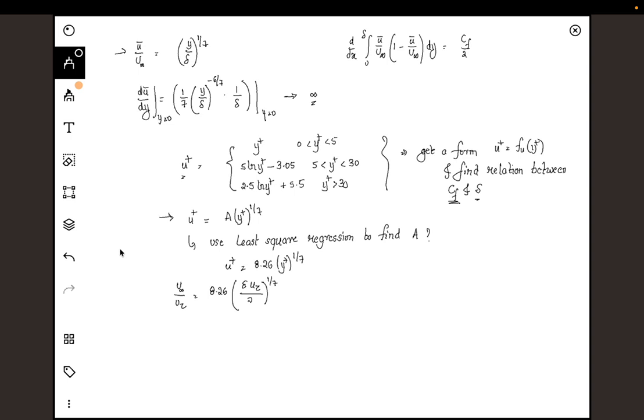And what we are interested in here is if I just use the equation for u tau again, u tau will be square root of tau w by rho.